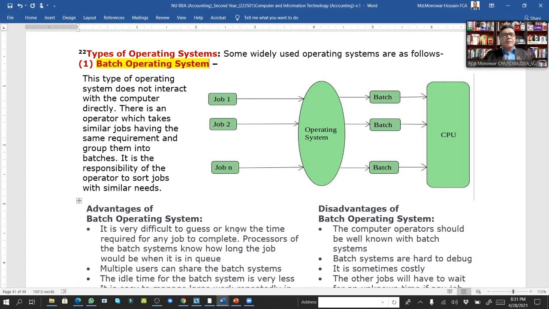There is an operator who takes similar jobs having the same requirement and groups them into batches. It is the responsibility of the operator to sort jobs with similar needs. Look here, different jobs are going into the operating system and taking the batch within the CPU.